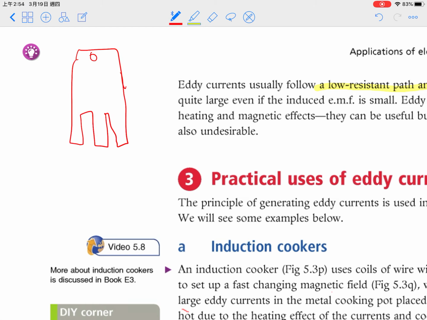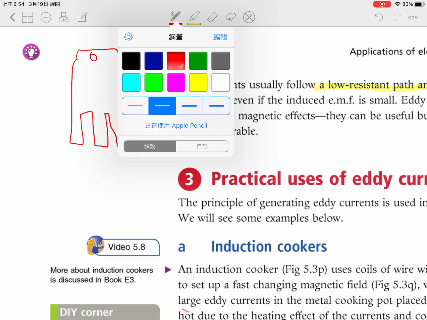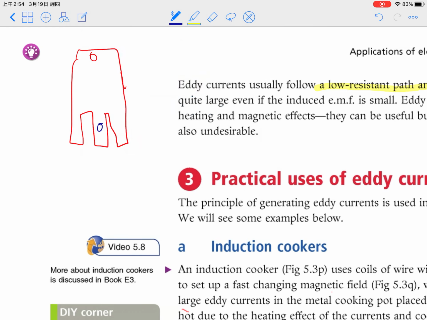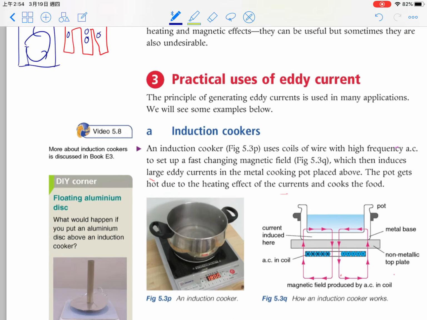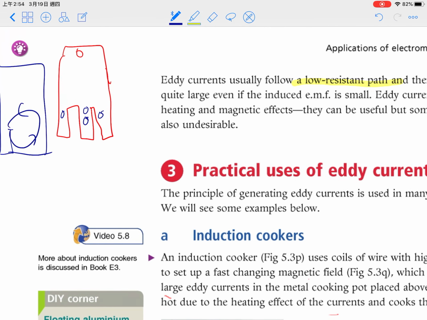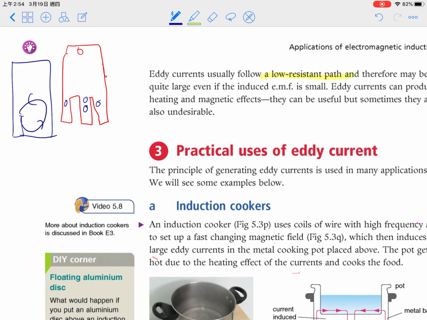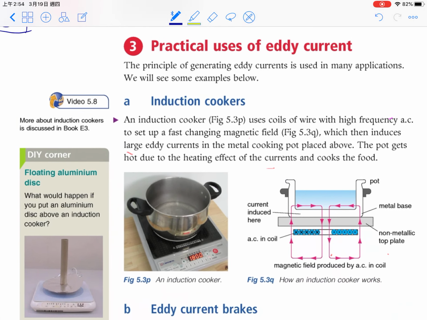Aluminum plate with slot. So the induced current will be small compared to the original one. So less induced current we can find with an aluminum plate with slot. So less braking force will be produced.